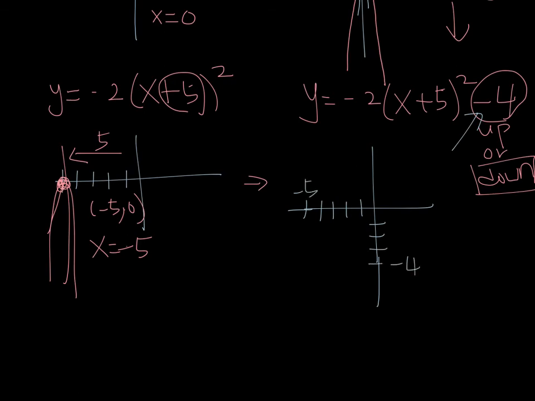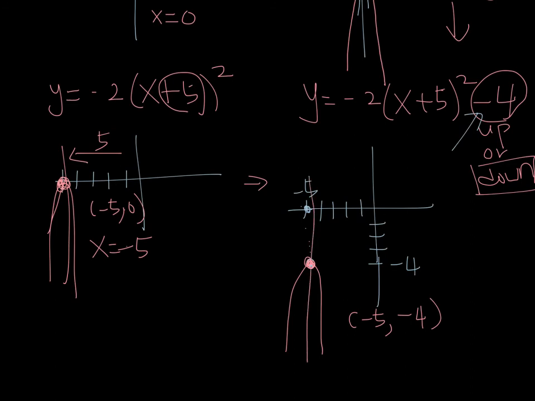So we were already down there, but now we're going to go down, and now we're going to be like right here. And our parabola is still skinny and upside down, but hey, where's my vertex now? I went to the left by 5, and I went down by 4. So my vertex is at negative 5, negative 4.